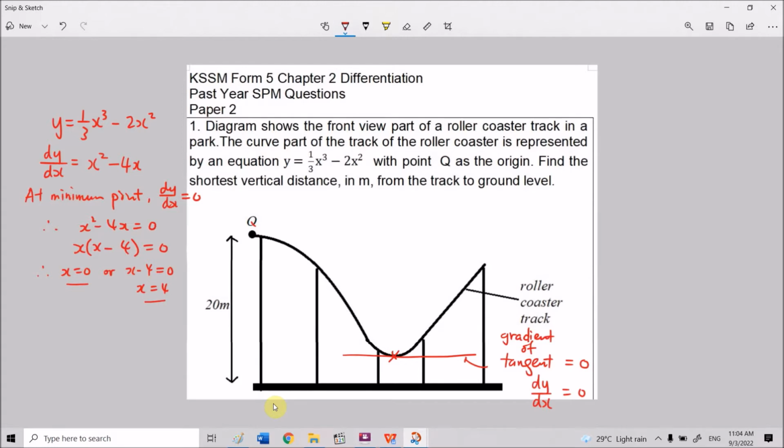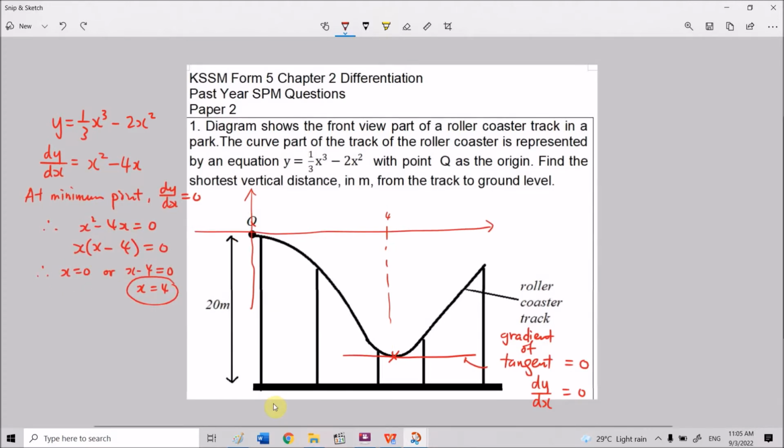Which one is the one that we are looking for? Remember, because Q here is the origin, if we draw the x-axis and the y-axis here, as I've shown you just now, x equals 0 will be here. So x equals 4 will be here. Hence, we take x equals 4 instead of this, because this one is referring to this.